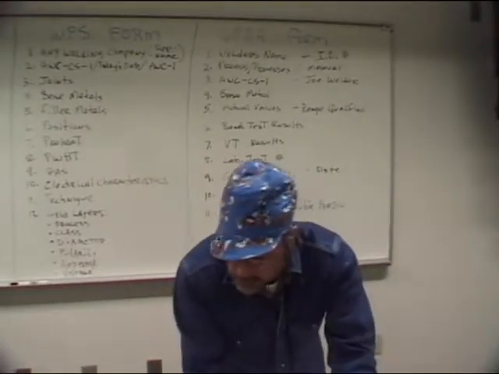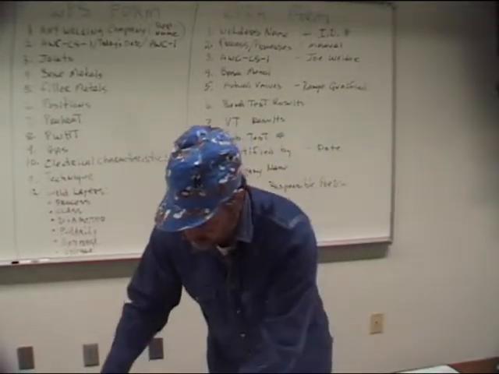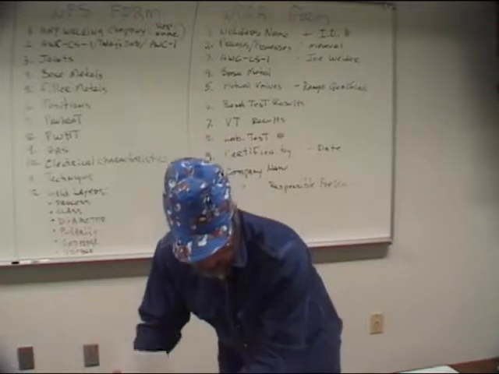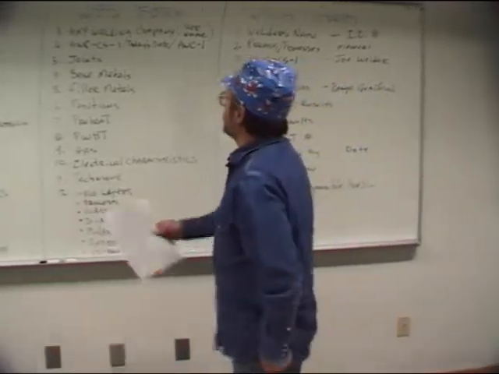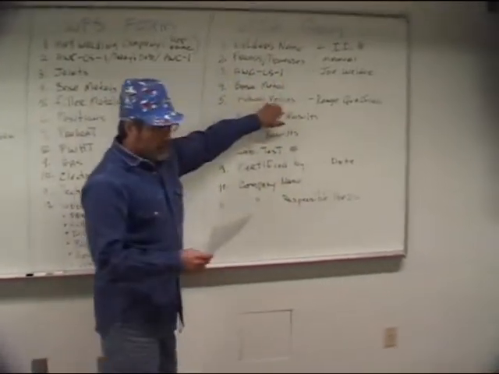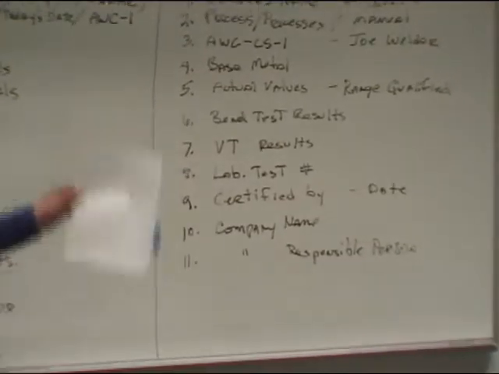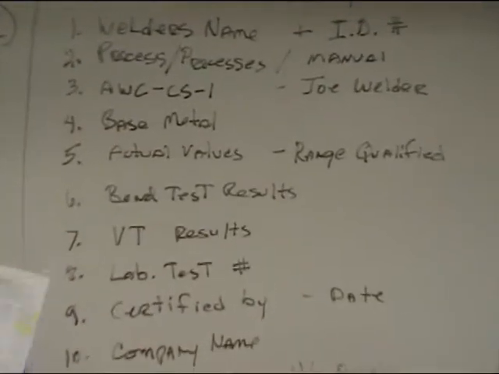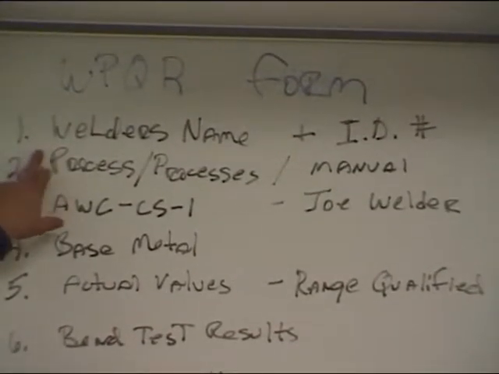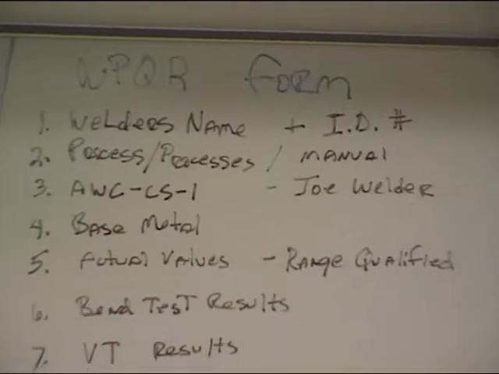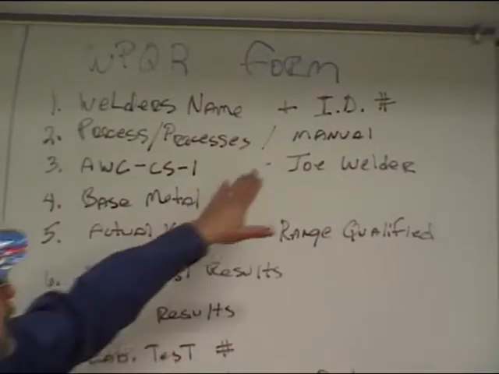Okay, let's see, we've done that, we've done that, we've done that. Okay, now we're over here. This is the last one. And I've gone ahead and filled one of these out already. The very first thing is, again, you're going to put the welder's name up there at the top where it says welder's name, clock number if they have a clock number, stamp number, or ID number.